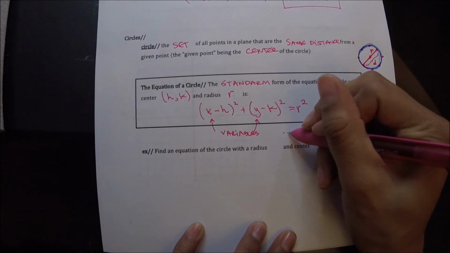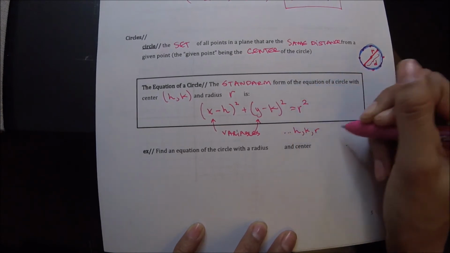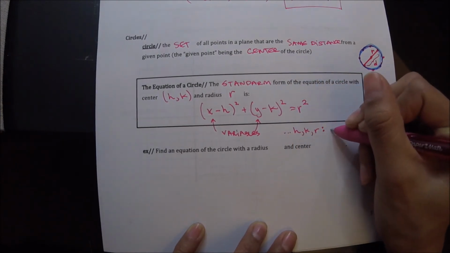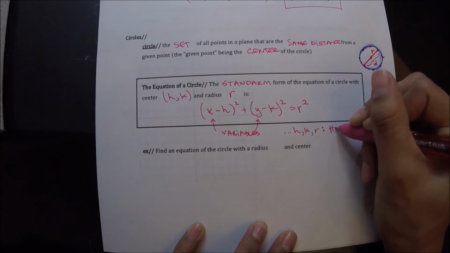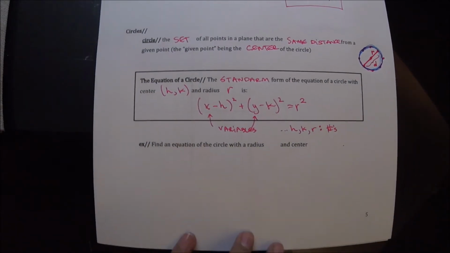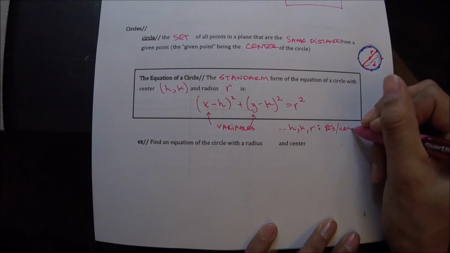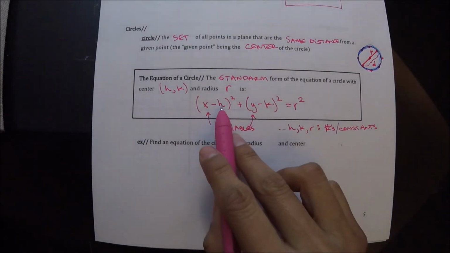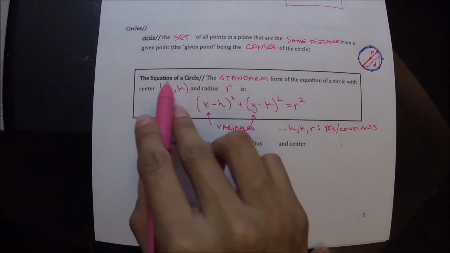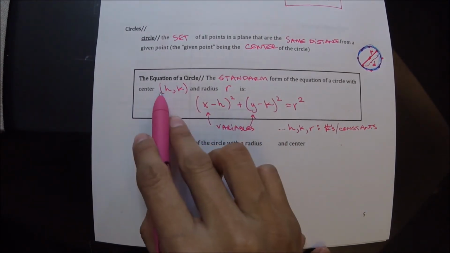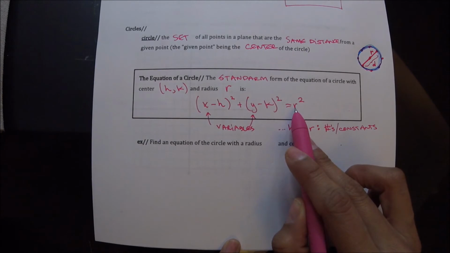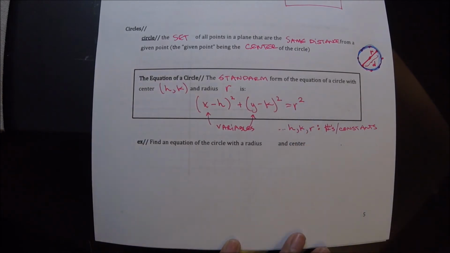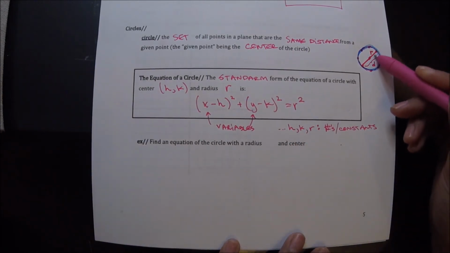And then h, k, r are all specific numbers. Constants. Whatever h is and whatever k is gives us where the center of the circle is going to be. And whatever this number r is, that's how long the radius of the circle is, this part here.